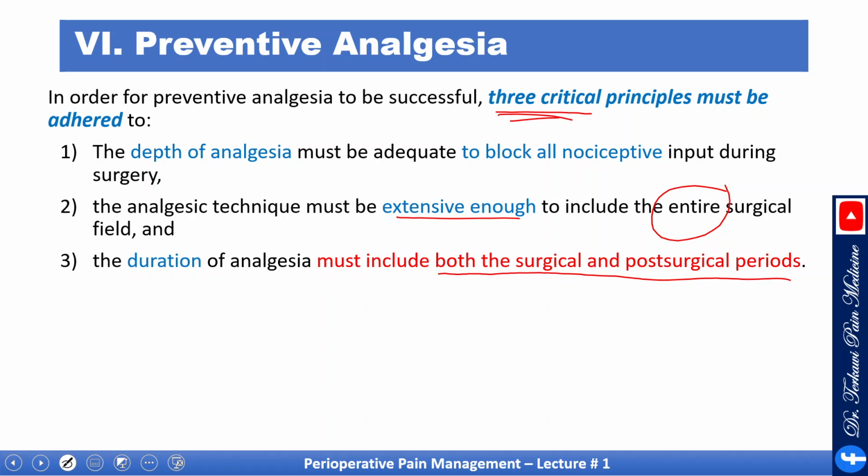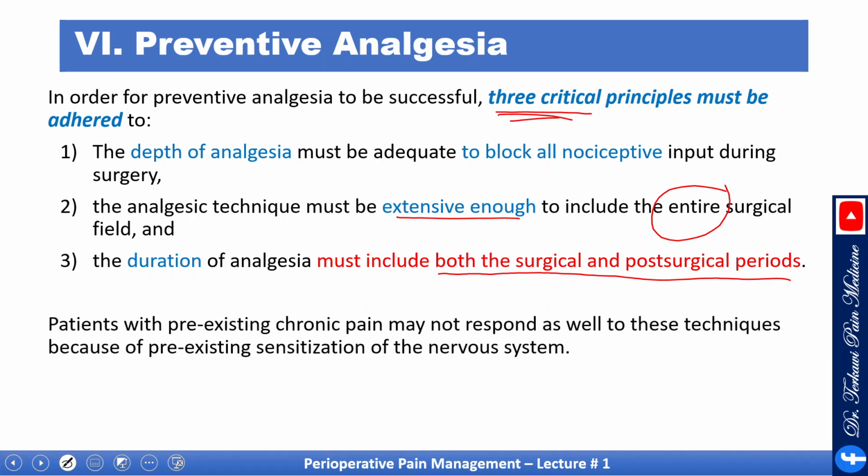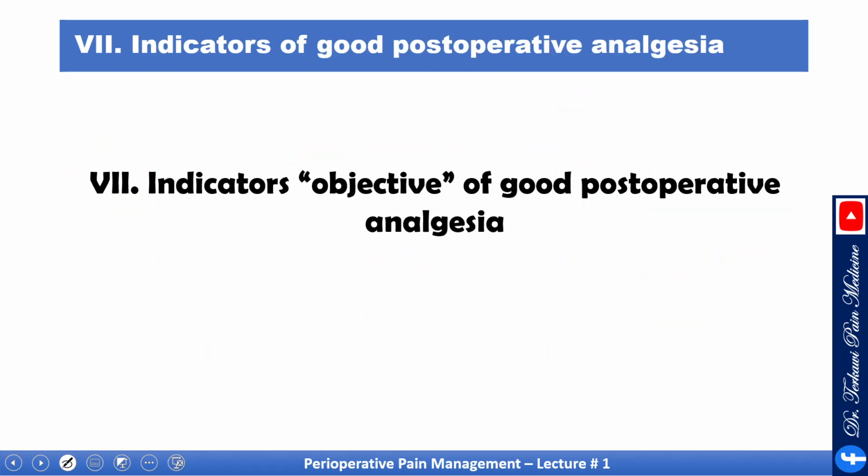Very important concept. Patients with pre-existing chronic pain may not respond as well to these techniques because of pre-existing sensitization of the nervous system. So from now on, I want you to remember these three principles. We're going to build our multimodal analgesia eventually based on these three principles. Remember: the depth of analgesia, the extent of analgesia, and the duration.